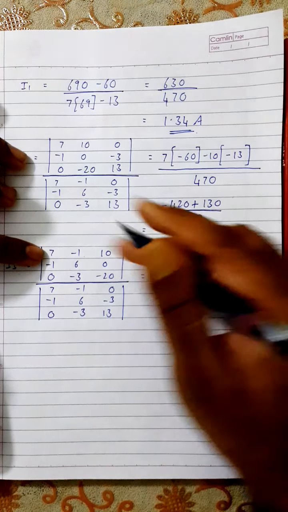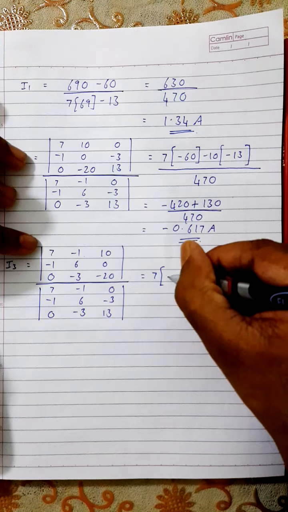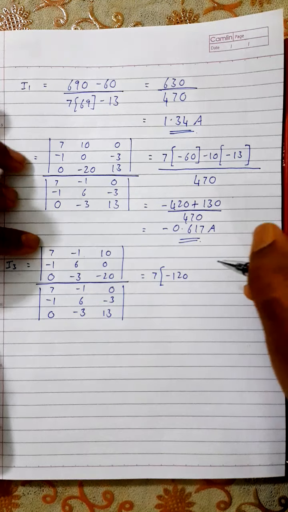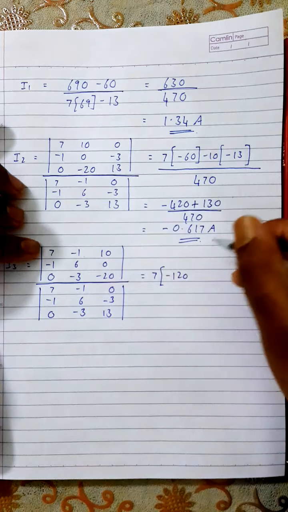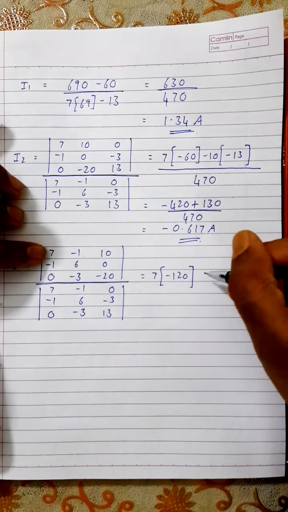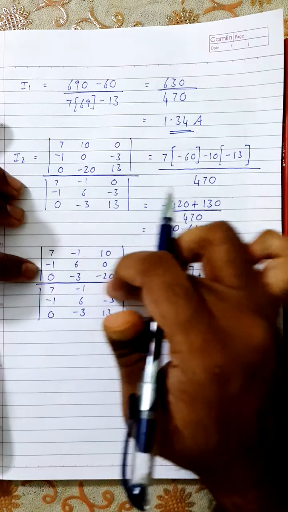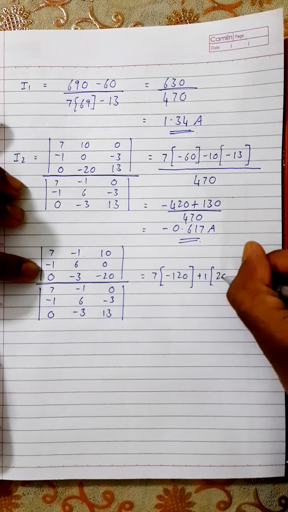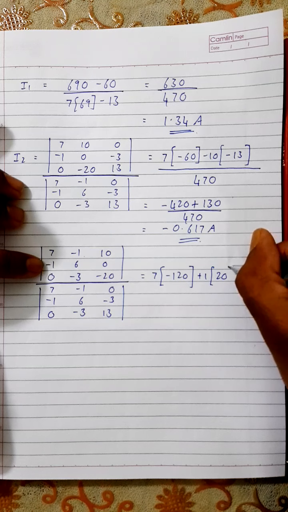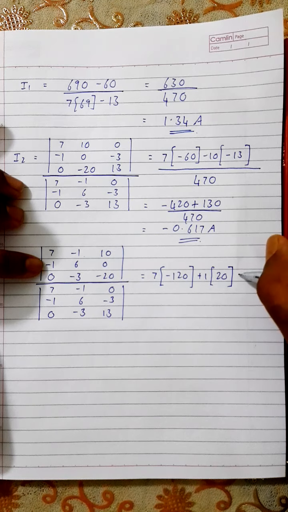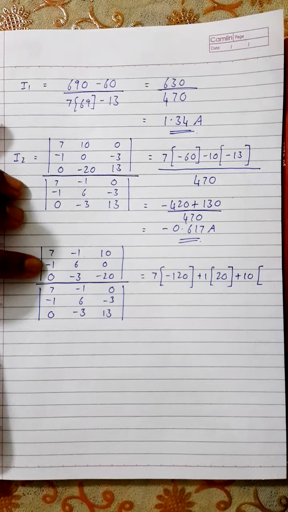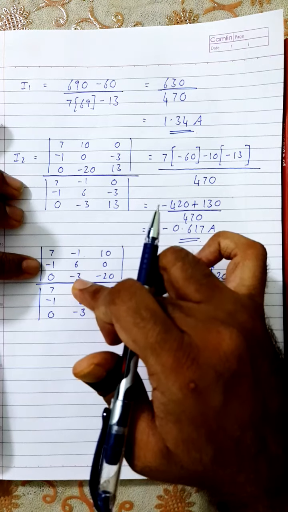Here it will become 7 into minus 120, minus 0, so no need. Then we have plus 1 into 20, just 20, minus 0. And then we have plus 10 into 3, just 3.